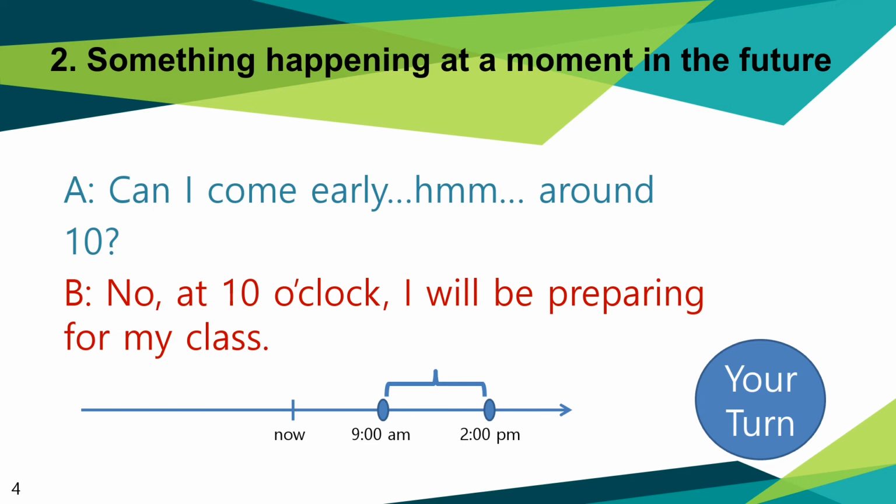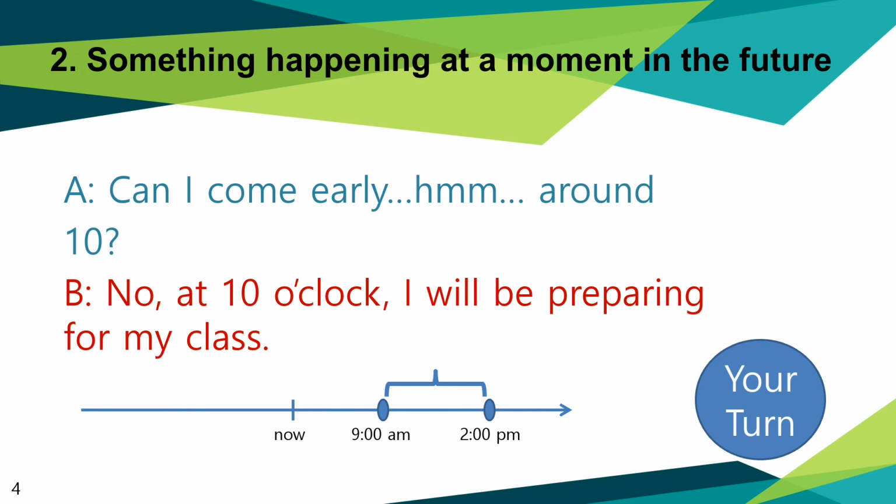So I will be preparing for my class means not that at that very moment only, at 10 o'clock on that spot you're doing it; you started working on your preparation at 9 and you will finish working on your preparation at 2. So 10 o'clock is in the middle of this duration.